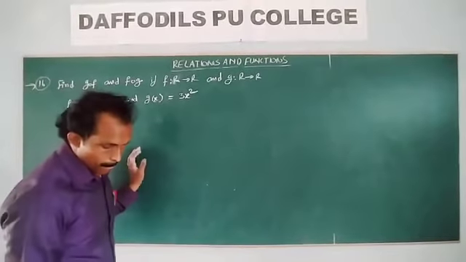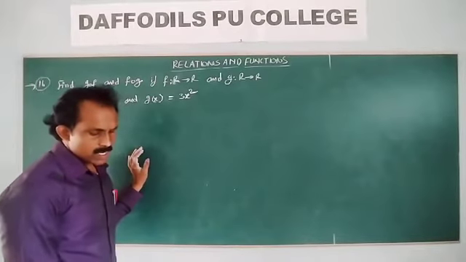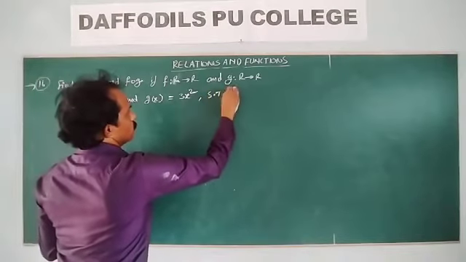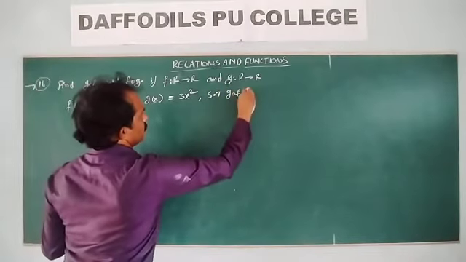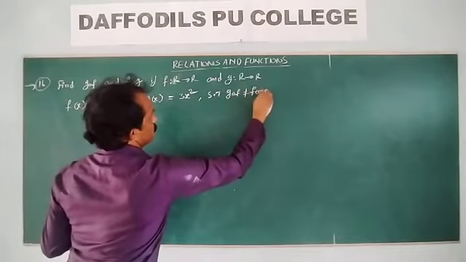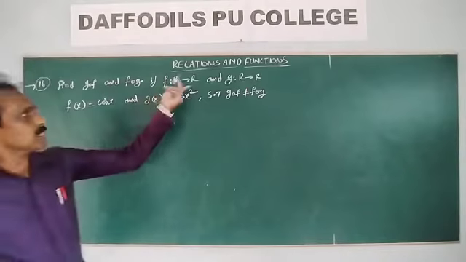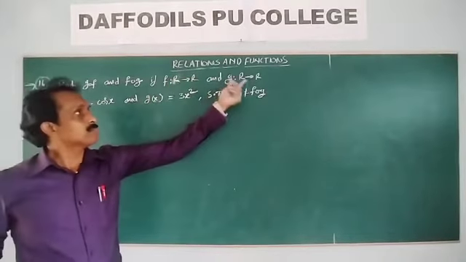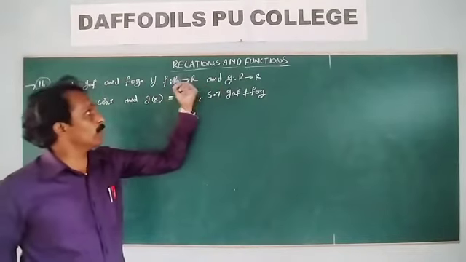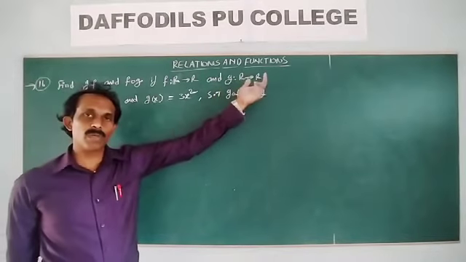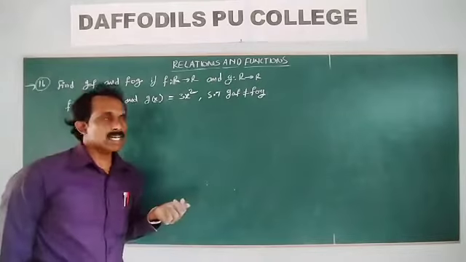Show that g∘f is not equal to f∘g. Right. The given function is R to R, and this function is also R to R. Domain and codomain are both real numbers.